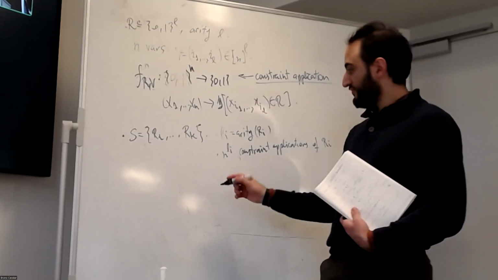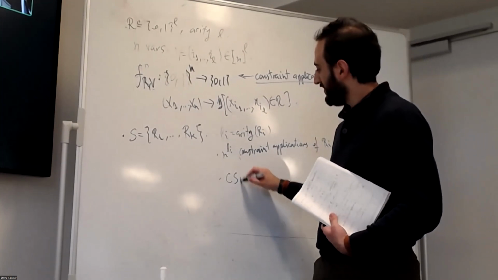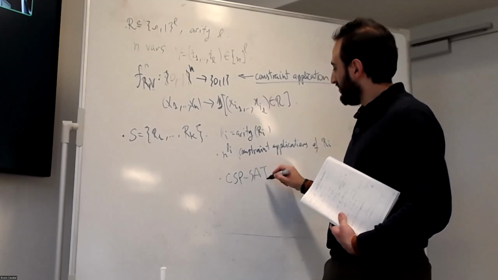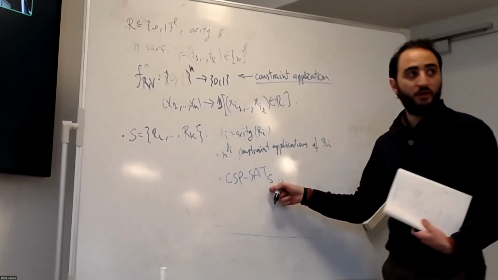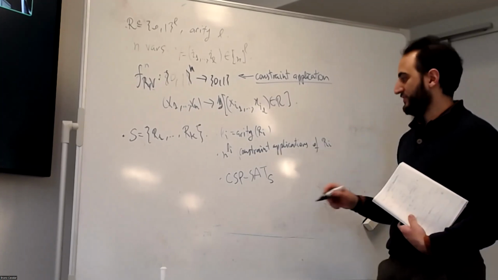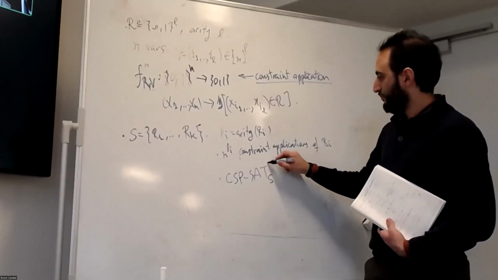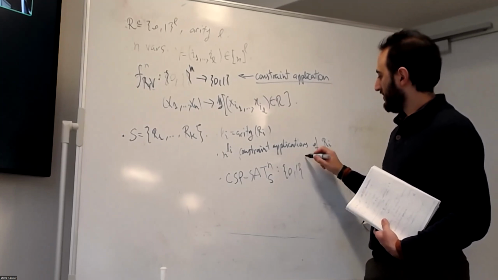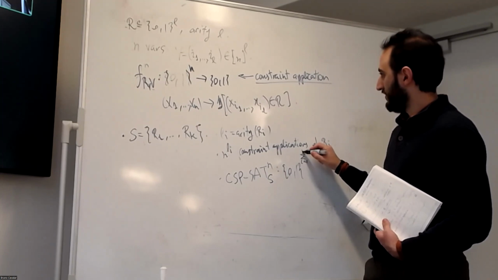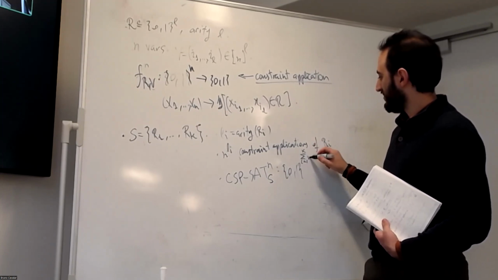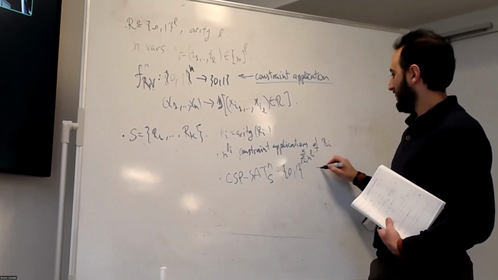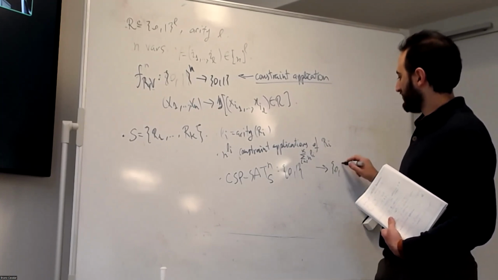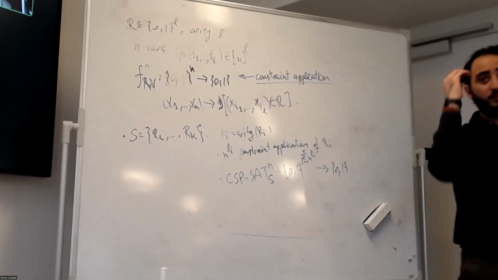Okay. So just for a sanity check, we are on board: the CSP function over the set of relations S with n variables is just going to be the summation here over all the relations of n to the L_i.